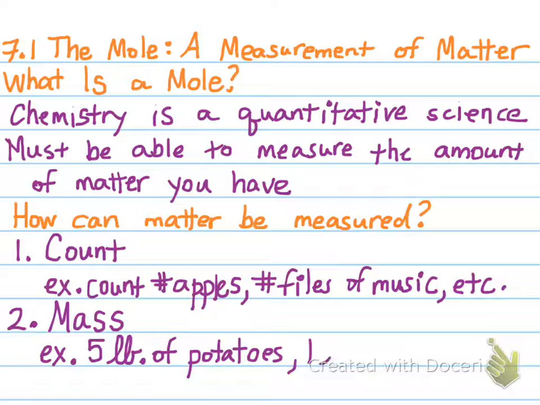You buy 1 pound of candy, right, at Halloween time. You buy your candy in bags that are measured by weight. Okay, your meat that you buy at the grocery store, again, you measure that by mass. So again, there are lots of examples in your life of when you measure matter by mass.